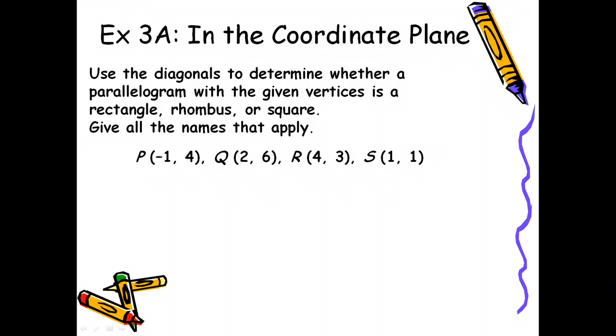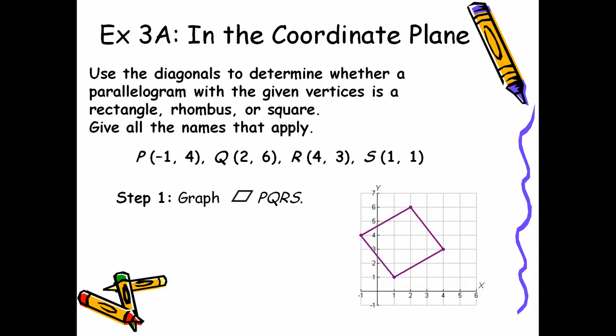Let's look at this in a coordinate plane. Use the diagonals to determine whether a parallelogram with the given vertices is a rectangle, rhombus, or square. Give all the names that apply. So step 1 is to graph this parallelogram, PQRS. So we make a graph.